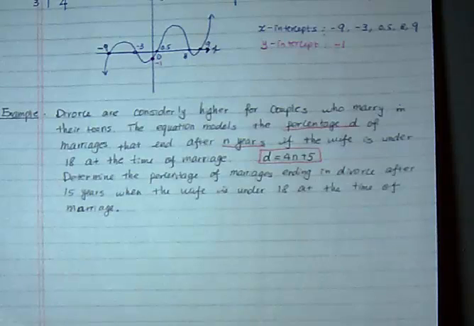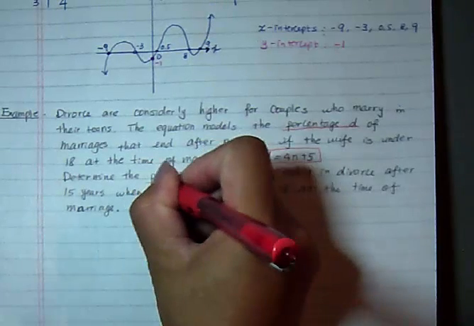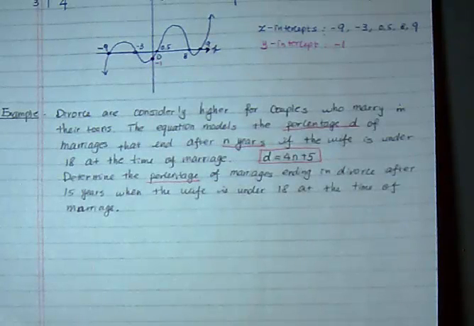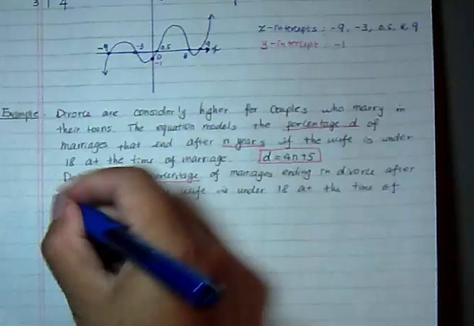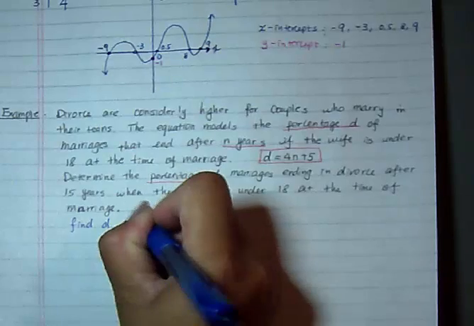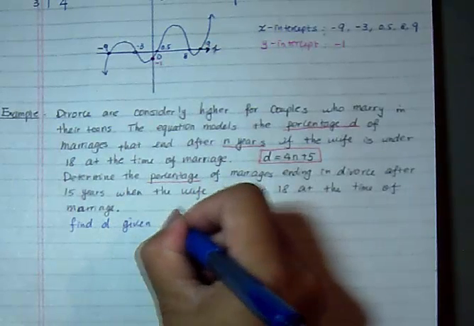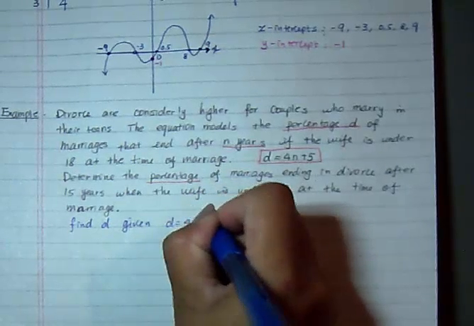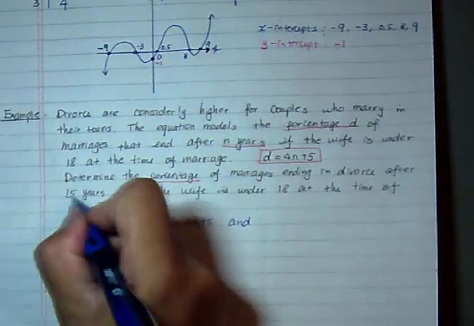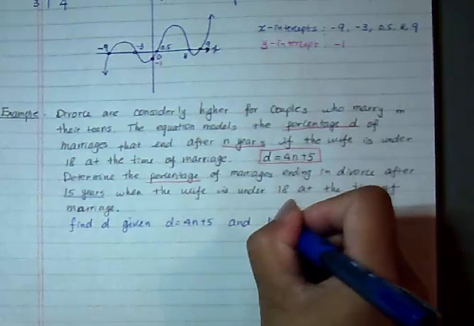The question is asking us to find the percentage, which means we are going to find D. We were given the equation D equals 4n plus 5, and after 15 years, n is given as 15.